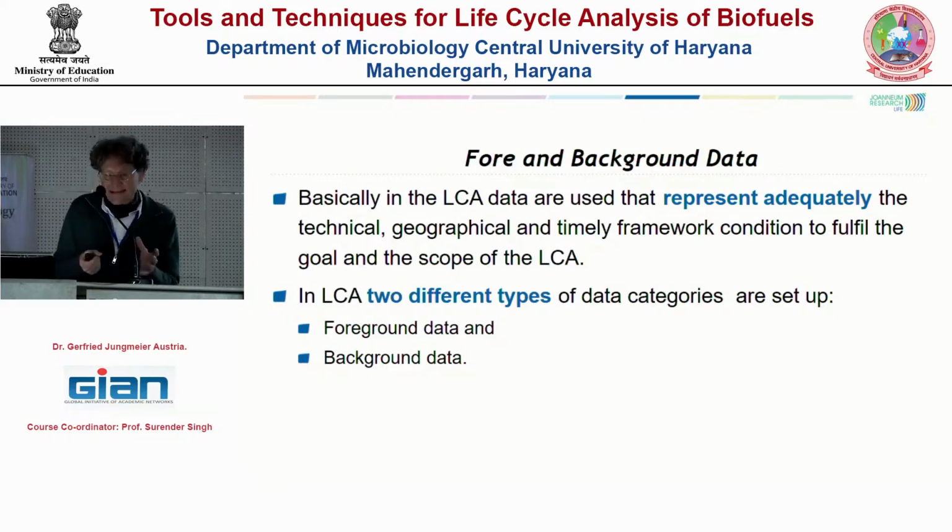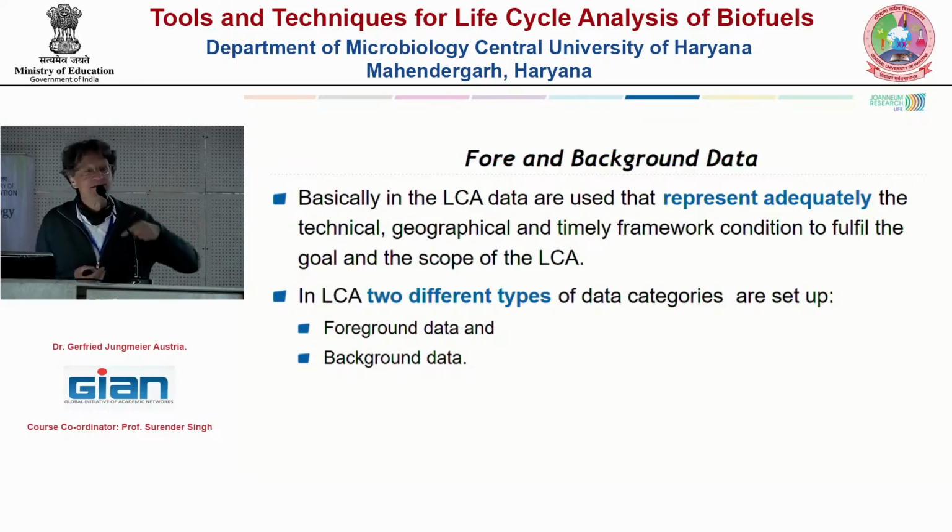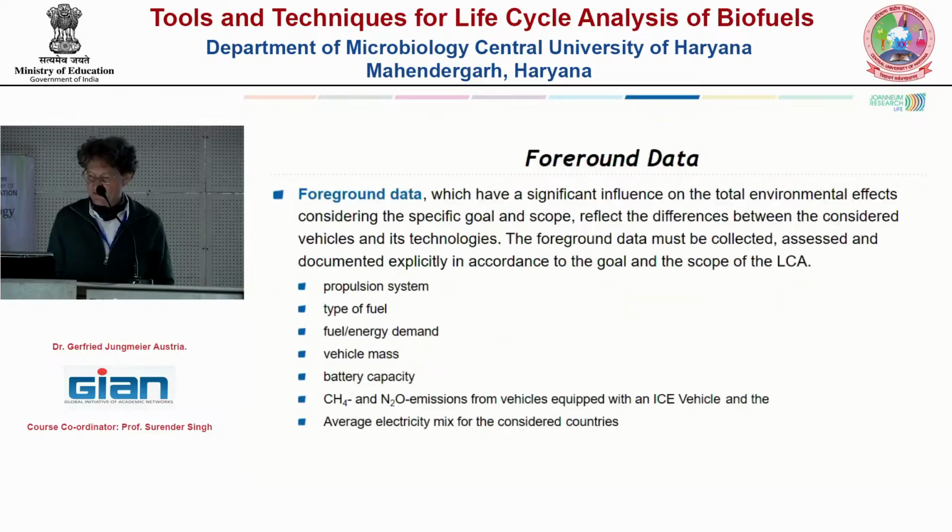But in detail, when you once run through the LCA, it might come up on the very end that you see that the background data has a significant influence on the final result, for example, electricity emissions. And therefore, it might be that in the second round of this iterative process, you have to maybe look more in detail on the electricity supply. And then it might be that a background data becomes a foreground data. So it's really an iterative process, but that has to be considered.